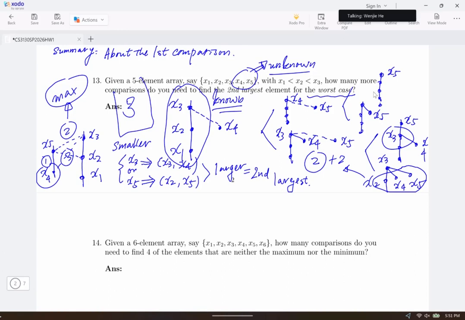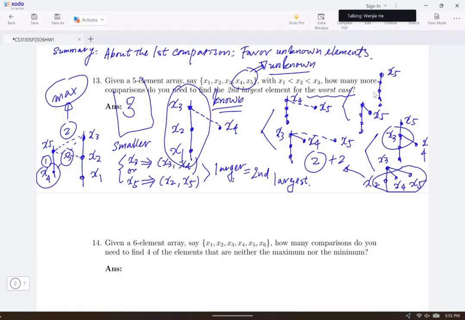Now you can see when we do the first comparison, based on our results, we favor unknown elements in the first comparison. So x4, x5, both unknown, we compare them.